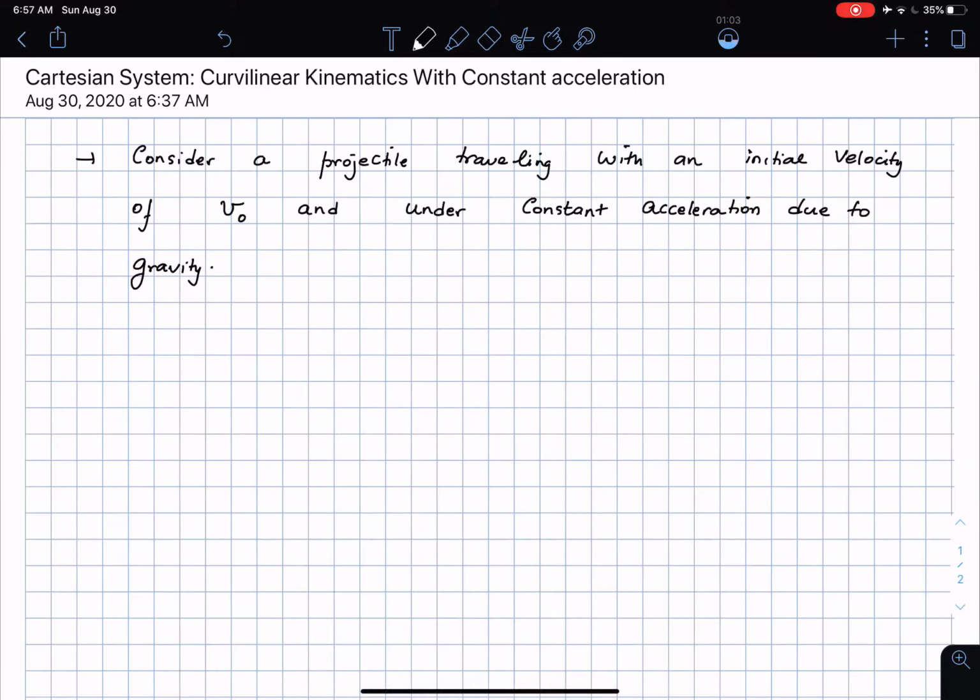A projectile is any body that is projected into space with an initial velocity.